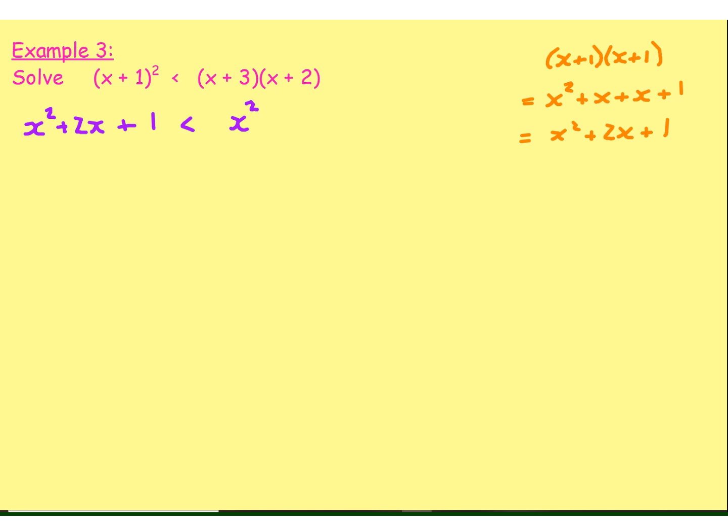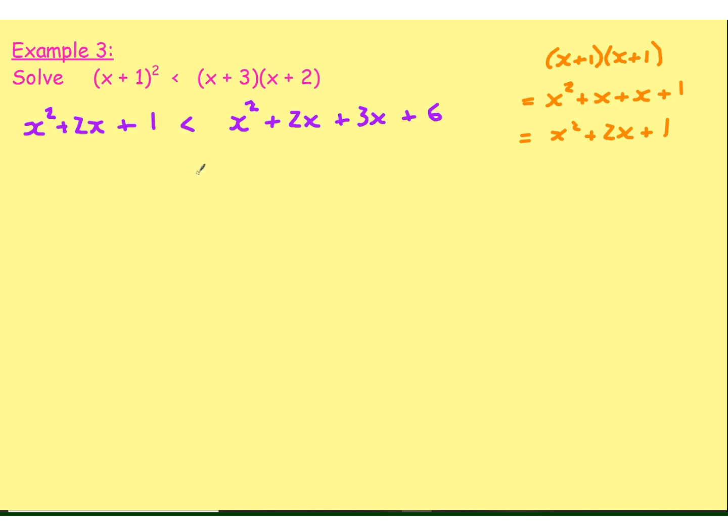Whatever technique you've been taught to break double brackets, you just use it here. So sorry, back to this question. x times x gives me x squared, x times 2 gives me 2x, 3 times x gives me 3x, and 3 times 2 gives me 6.